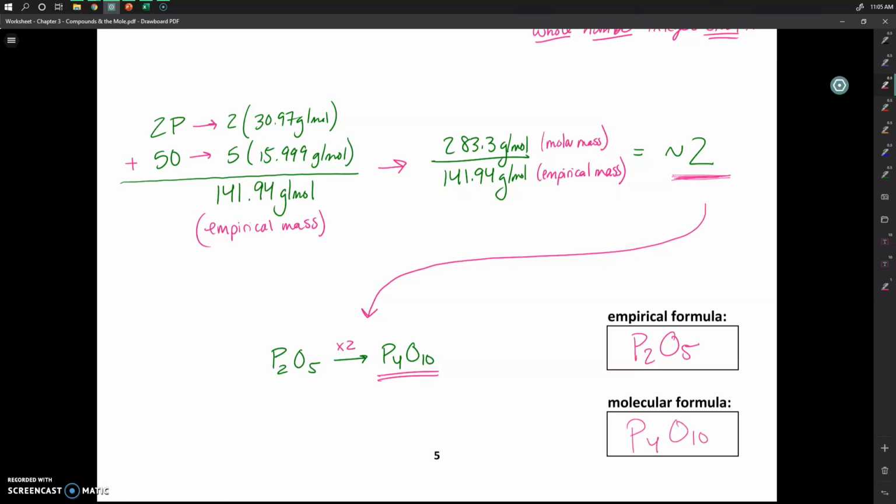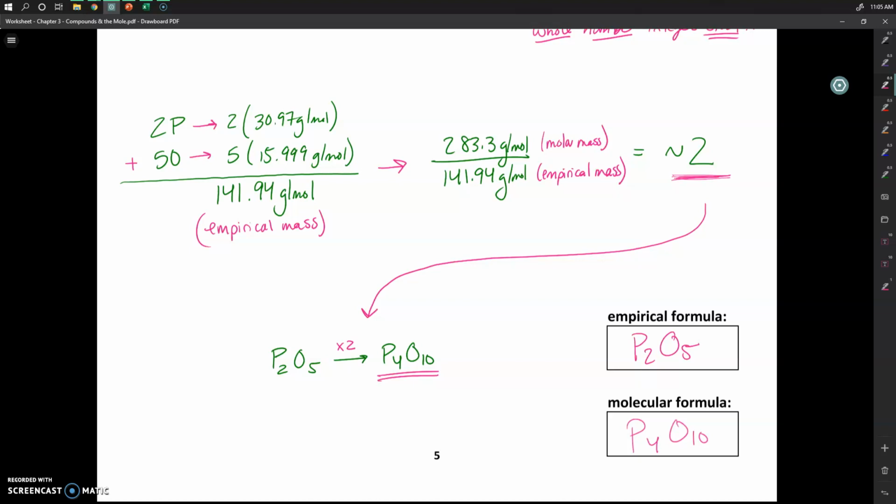All right, so notice again, another way to double check your work at the end is to make sure that your empirical formula is a simplified version of the molecular formula. And you'll note here the molecular formula, the most we can simplify this is to divide both of these subscripts by 2 to get P2 and O5.